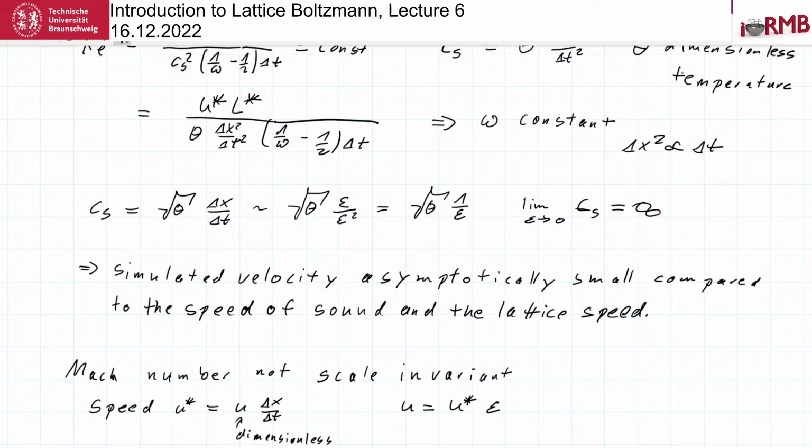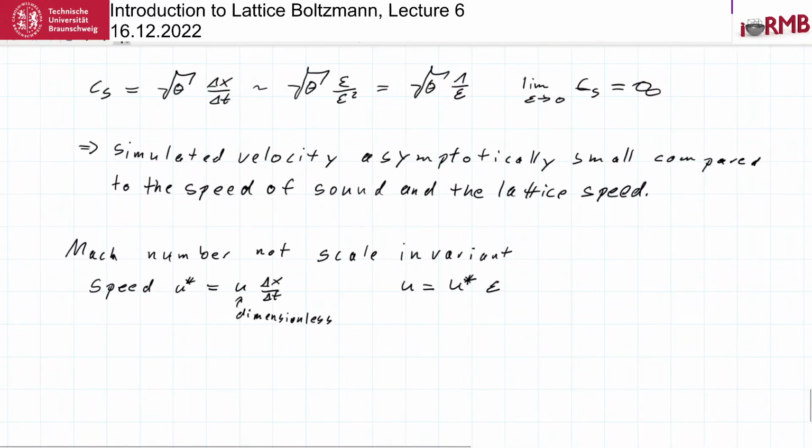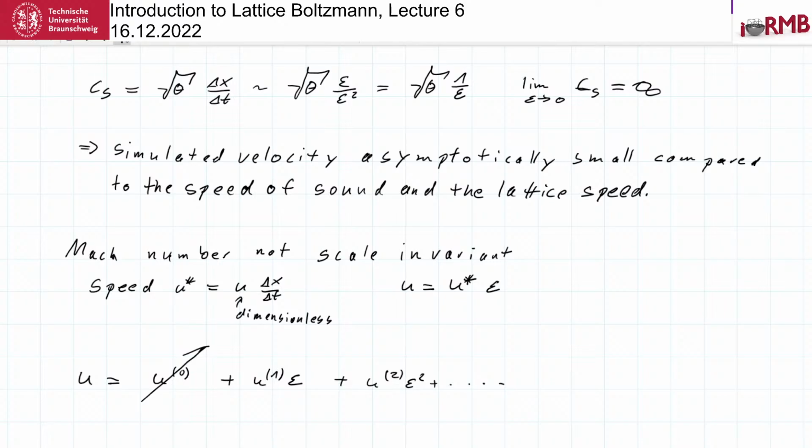get smaller. And specifically this means for our result u, which we expanded as u0 plus u1 epsilon plus u2 epsilon square plus so on and so on, that this term here is gone.